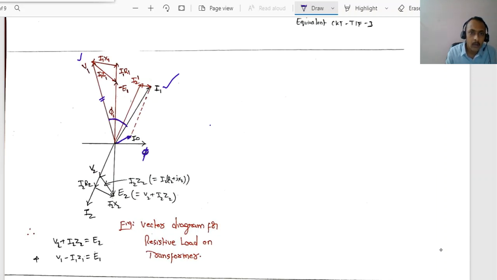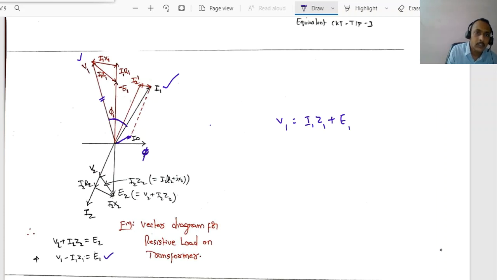Now for this voltage you have drawn already the voltage, right? And EMF E1 is given by V1 minus I1 Z1 equals E1, or in another manner this is also the same as V1 equals I1 Z1 plus E1.